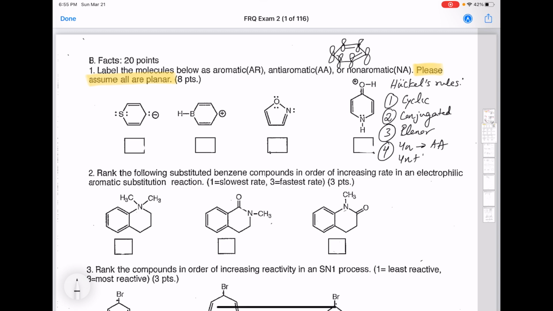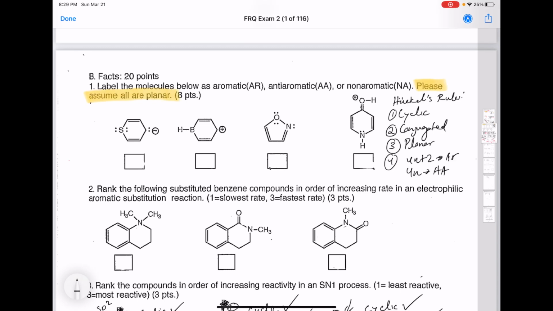If we have 4n plus 2 pi electrons, we have an aromatic system. That is, again, assuming that all three of the previous conditions are met. So that is an important note. If we are able to meet all these conditions, then we can describe these systems as either aromatic or anti-aromatic. But if one of these conditions is violated, then we are forced to say that the molecule is non-aromatic.